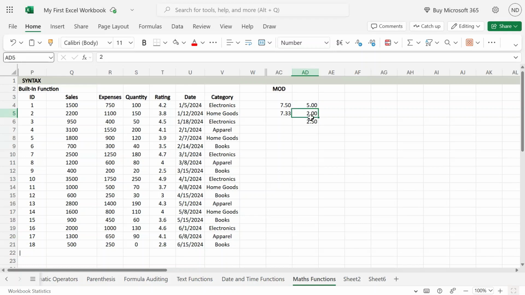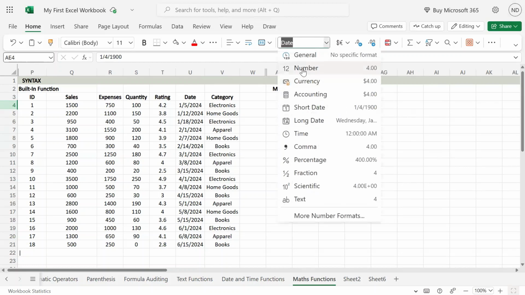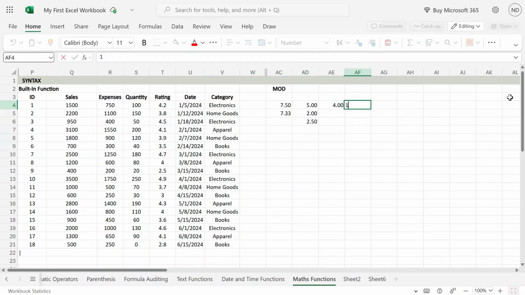But usually when you divide 5 by 2, the multiple of 2 is 4. So the remainder that will be there is 1, because 5 minus 4 is 1.